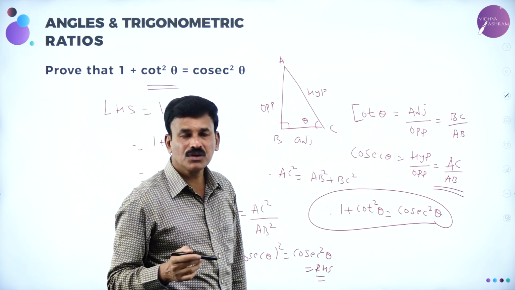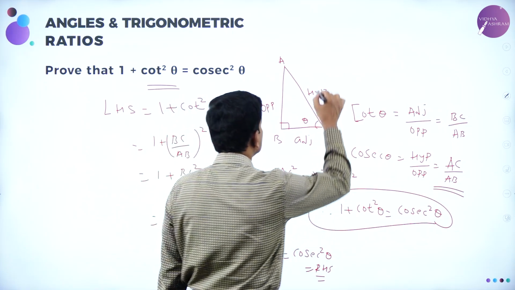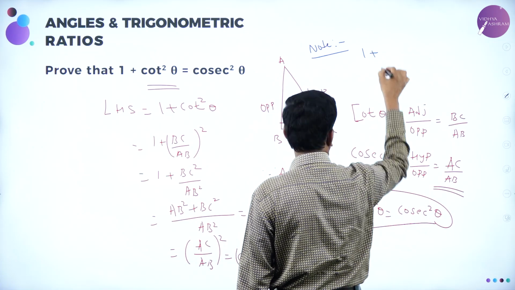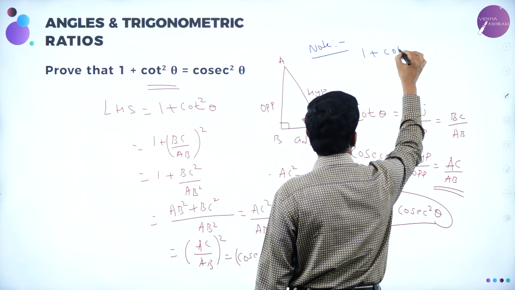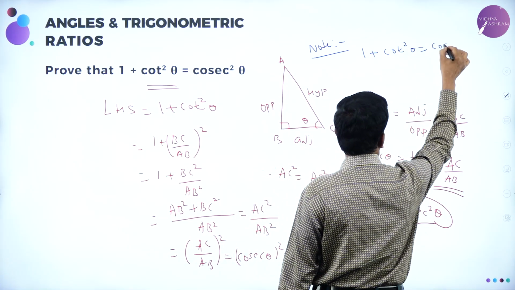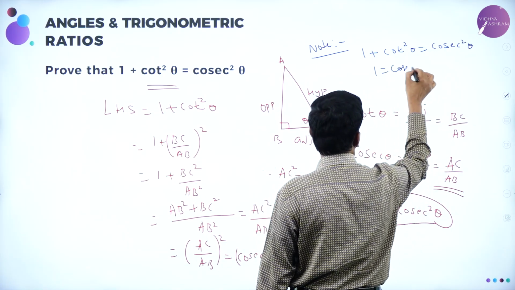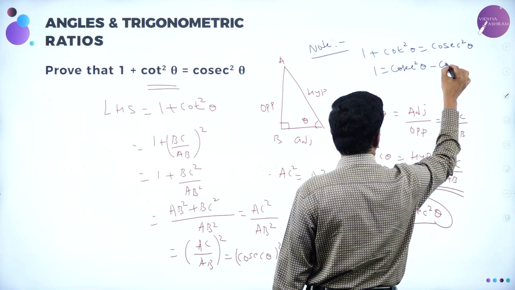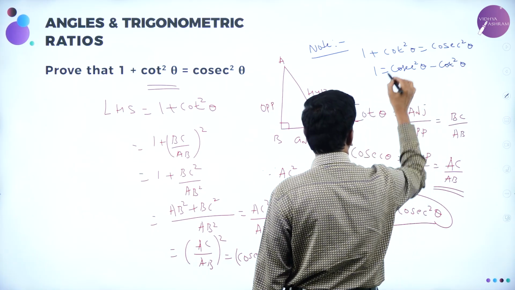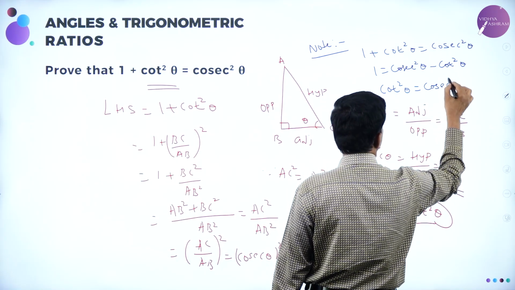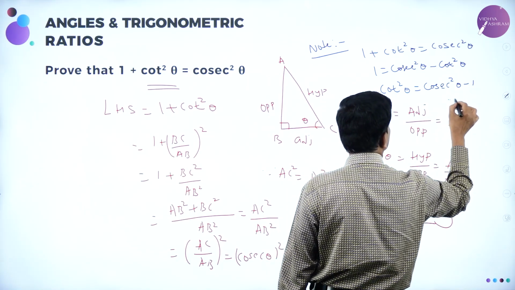Now from this we are going to get 3 more relations. 1 plus cot square theta is equal to cosecant square theta, or 1 is equal to cosecant square theta minus cot square theta, or only cot square theta is equal to cosecant square theta minus 1.